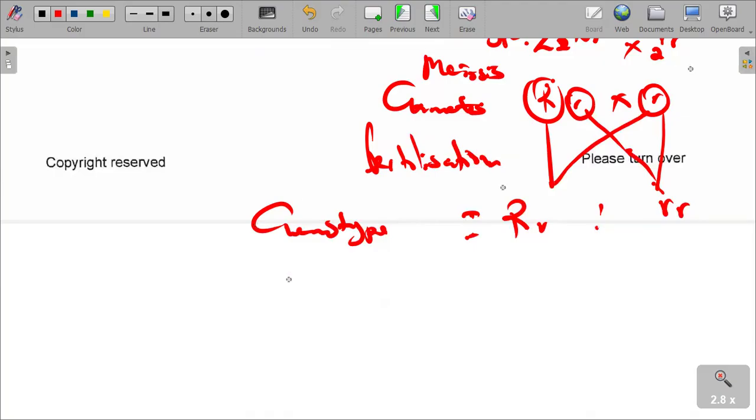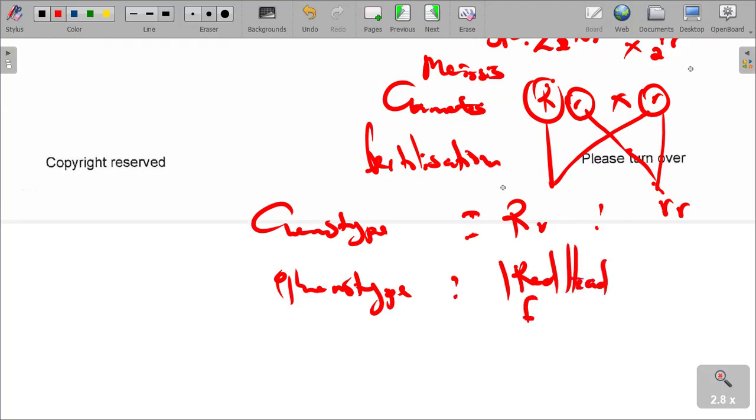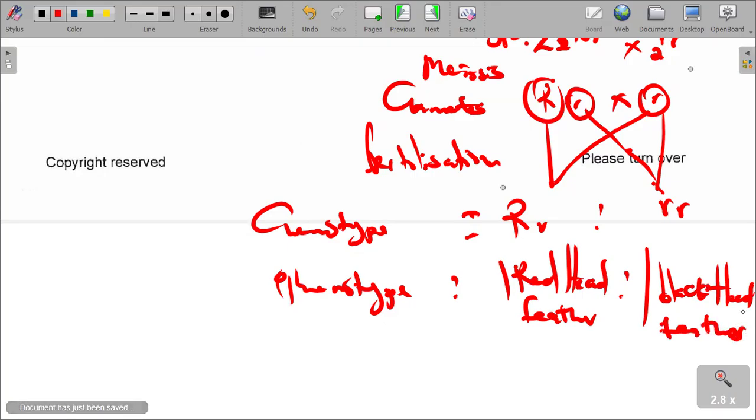So our phenotype is going to say one red head feather as to one black head feather.